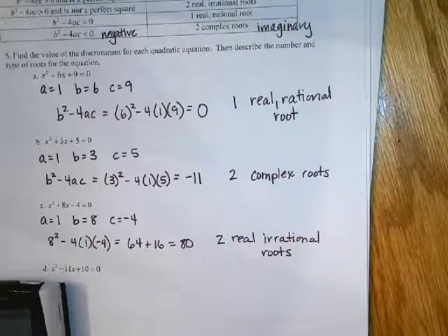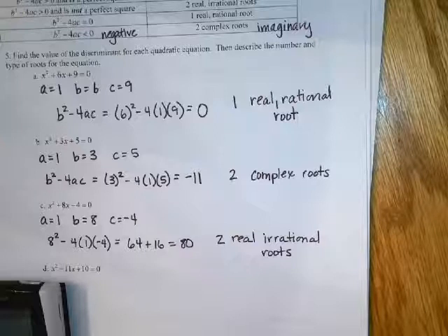Now that guy's positive, and he's not a perfect square, so we get 2 real irrational roots.